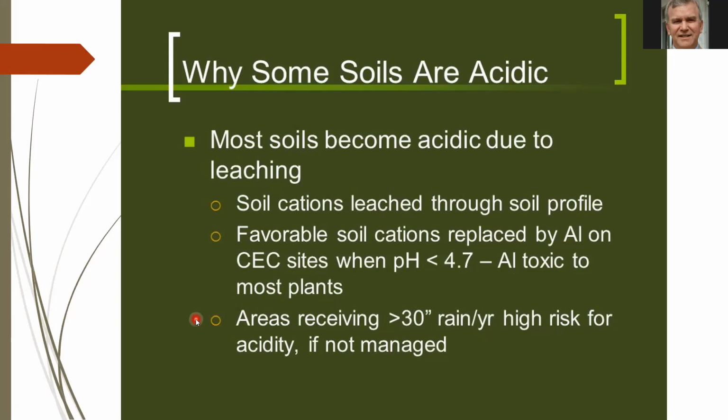All a byproduct of mismanaging the soils on the agricultural site in the farming process. Areas receiving greater than 30 inches of rain per year are at high risk for acidity if they are not managed. Next slide.